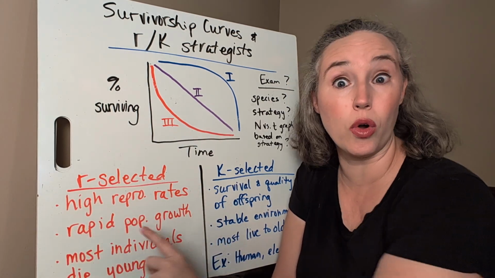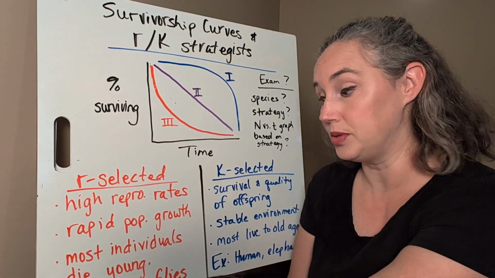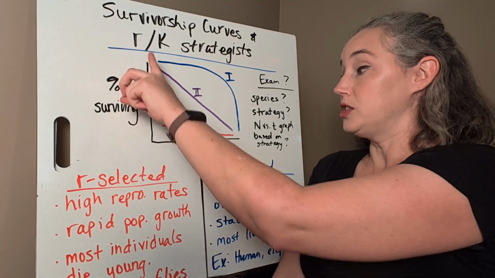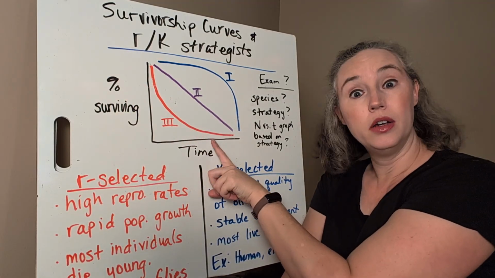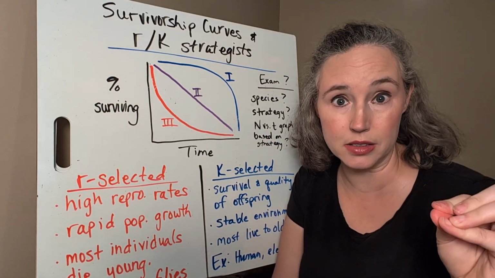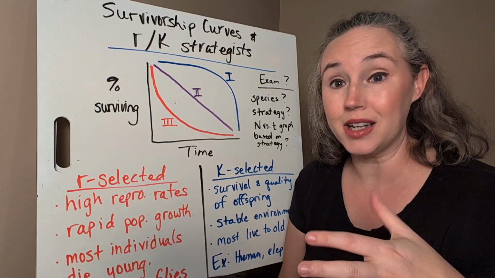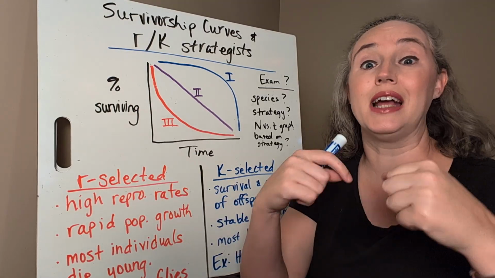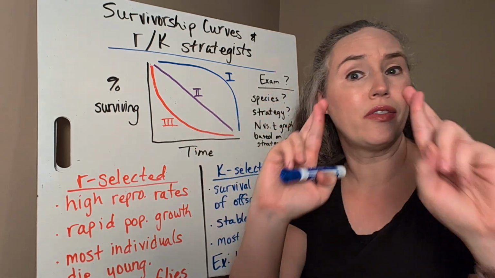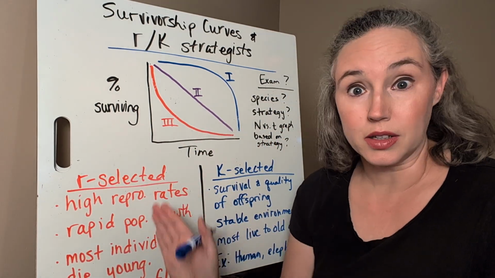Their population is going to grow quickly, so you'll see exponential growth. But most of them are going to die young, which is why you see such a low survival later on in life. Classic example of this is frogs, or I'd say just about anything that does external fertilization and just sprays out its eggs and sperm and they get together and fingers crossed that it works out. That's a very likely R-selected species.